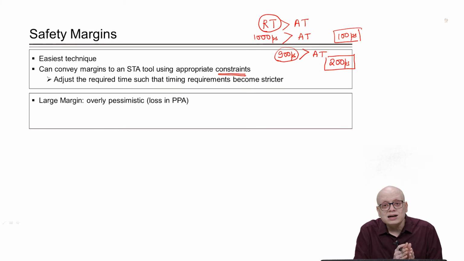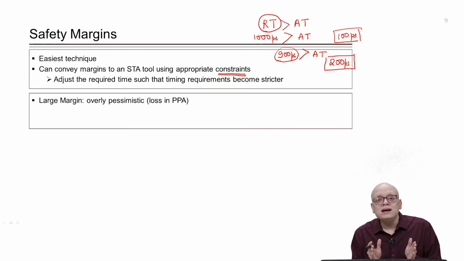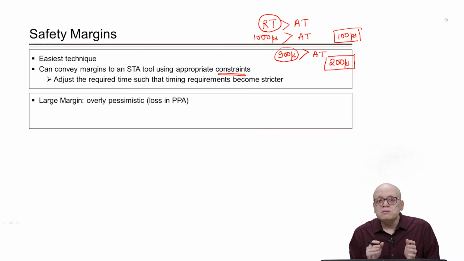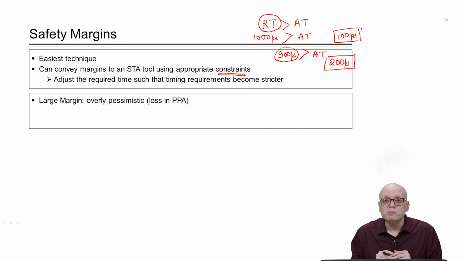So, if we add a large margin, it is likely that there will be more area overhead, and the power overhead can also be larger, because area and power are very much correlated in our design. So, we should not make the timing margin overly pessimistic.